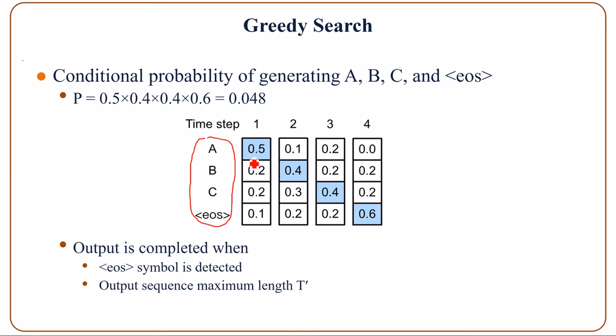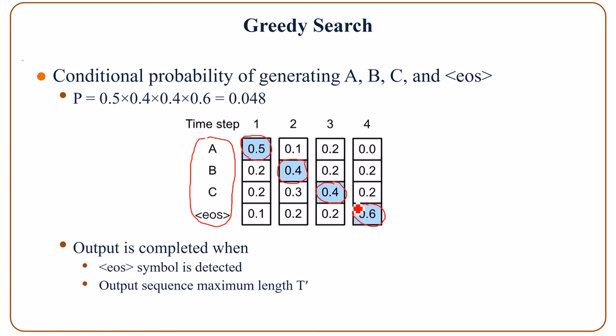At time step 1, we have 0.5, which is the conditional probability of generating the word A. At time step 2, we have 0.4 as the conditional probability of generating the word B. And at time step 3, we have 0.4 as the probability of generating the word C. And eventually we have 0.6 as the conditional probability of generating end of sequence.